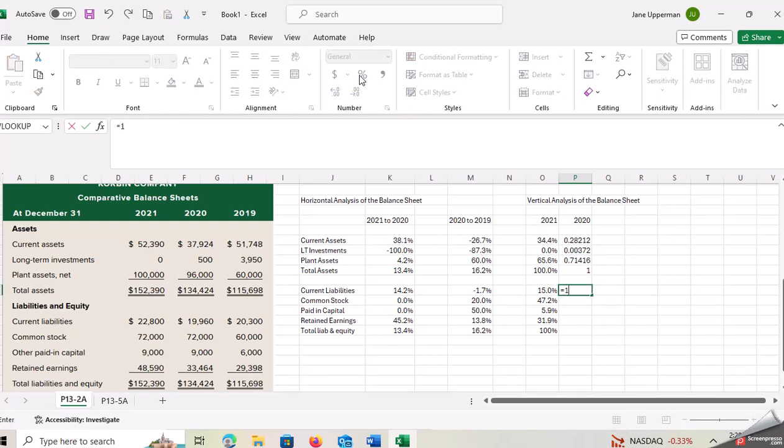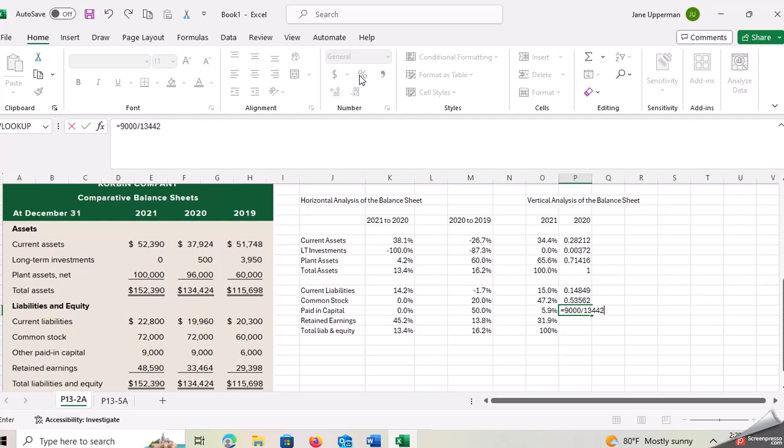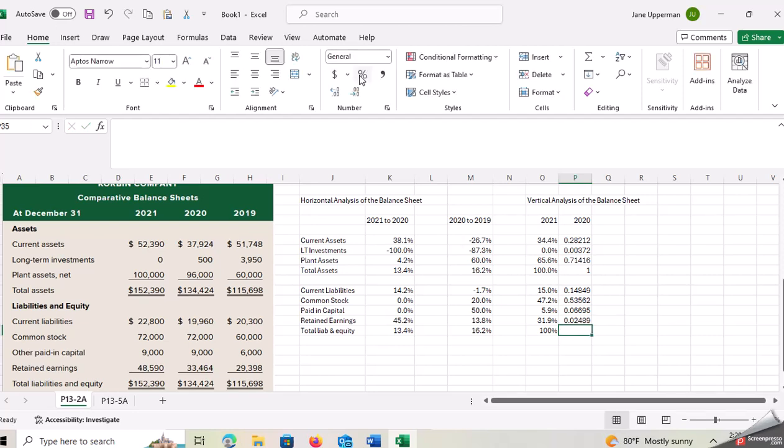Then your current liabilities, 19,960 divided by 134,424. Then 72,000 divided by 134,424. Then 9,000 divided by 134,424. 33,464 divided by 134,424. And then 134,424 divided by 134,424 gives us what?